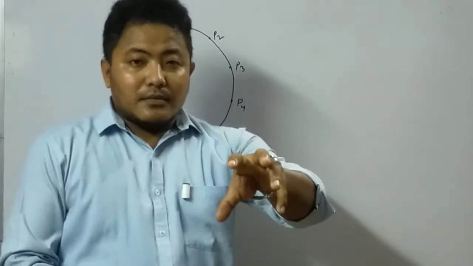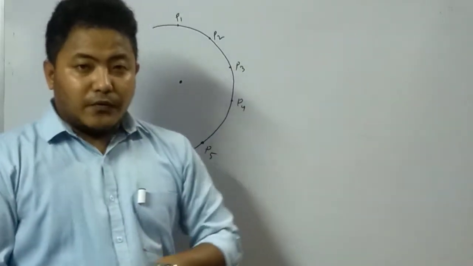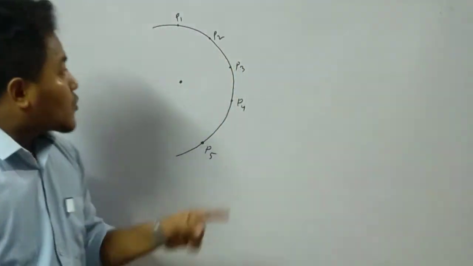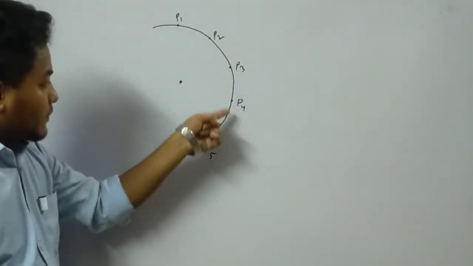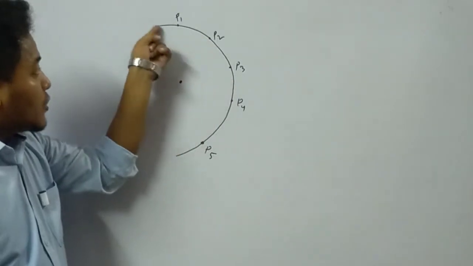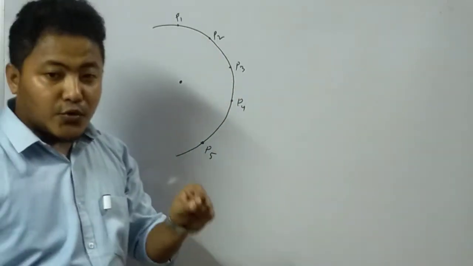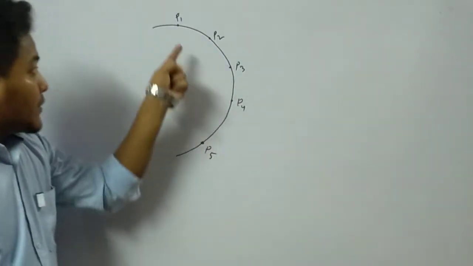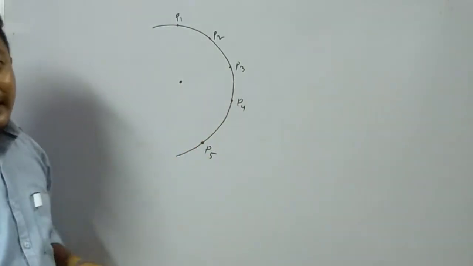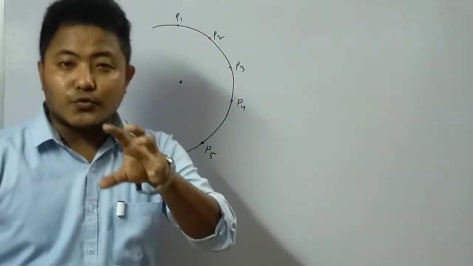Now, the first point we found in Huygens principle of secondary wavelets is that all the particles on the wavefront behave like a fresh source of disturbance. So these particles will also behave like fresh sources of disturbance.